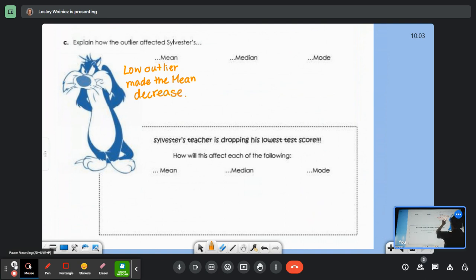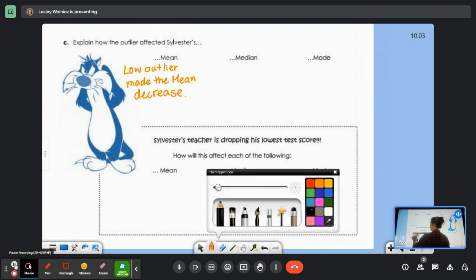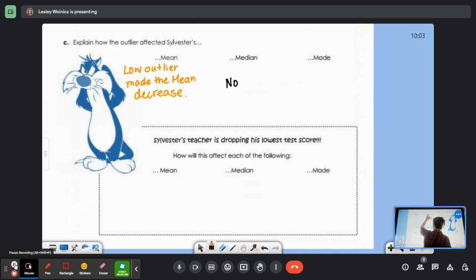Kind of a lot. Okay, the median, we had no change. For the mode, we also had no change. Okay, this was the only thing that changed.